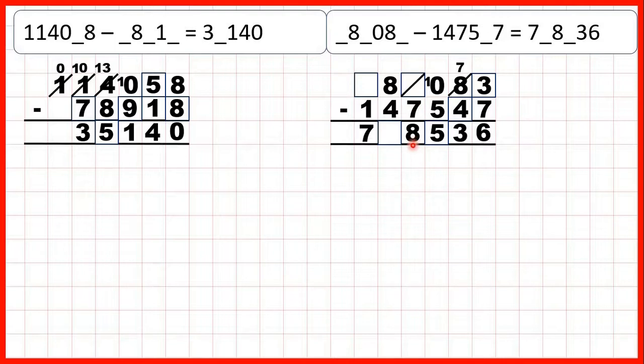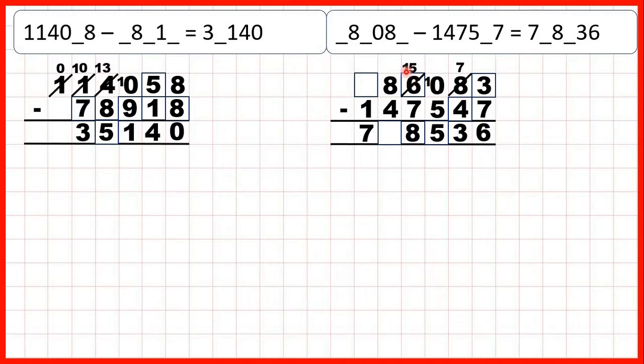8 in our answer. Now 8 plus 7 is 15, so they must have written 15 up here, because remember they had to exchange here, and 15 minus 7 is 8. Now to get the 5 in 15, this digit here must have originally been a 6, and then when they exchanged, they changed it to a 5 so that they could put a 1 in front of their hundreds digit.